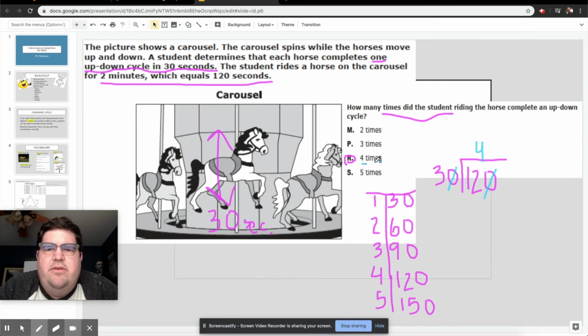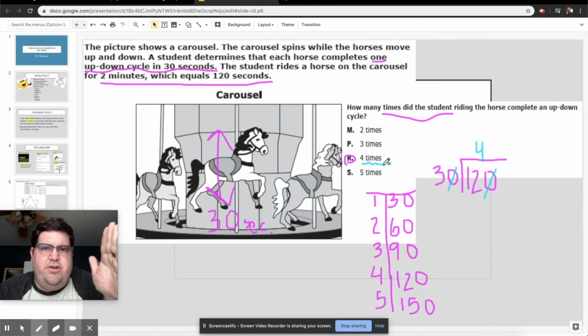4 times. So I hope you're able to see that there's a pattern here that you can start to determine based on knowledge that you're given in the beginning. Like in the first problem, we were given a swing, and we knew that that was going to be a constant back and forth of locations. You start here, actually here would be on your screen, and you go this way.